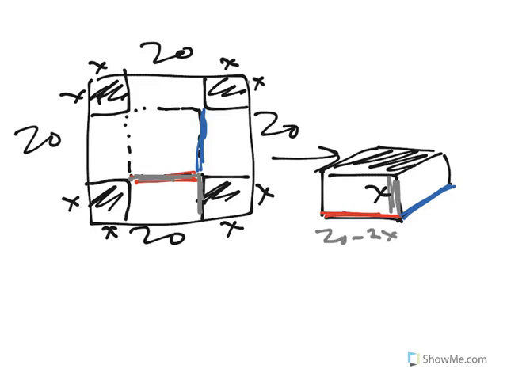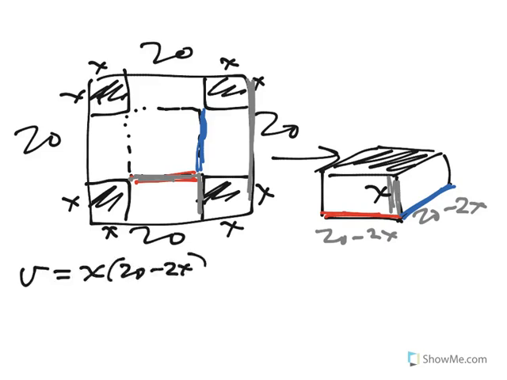And the blue line is also not the full 20, because you take away these two x's. So the volume of this box is x times 20 minus 2x times 20 minus 2x.